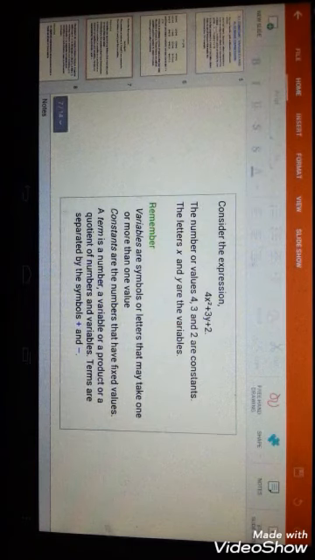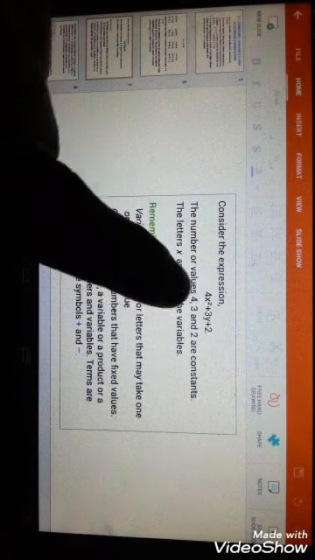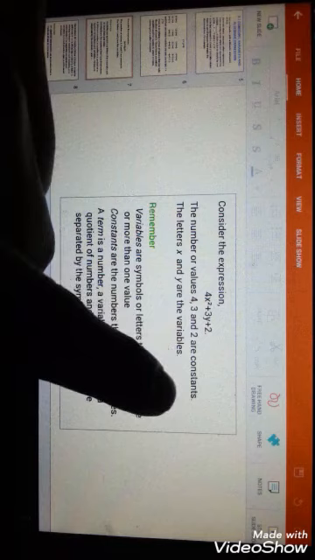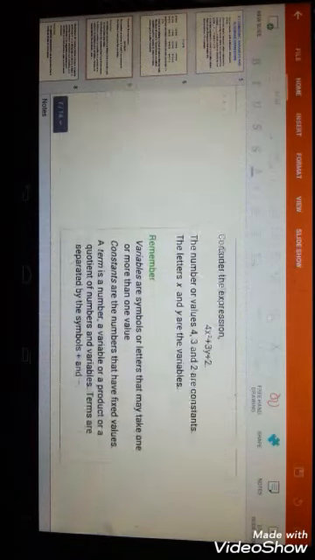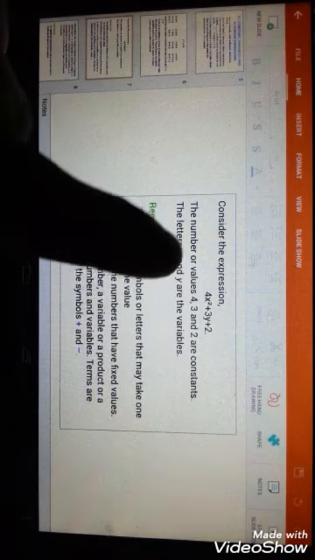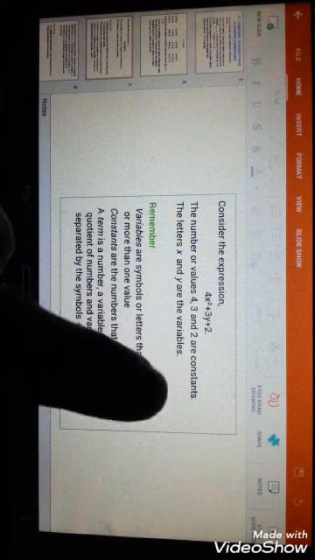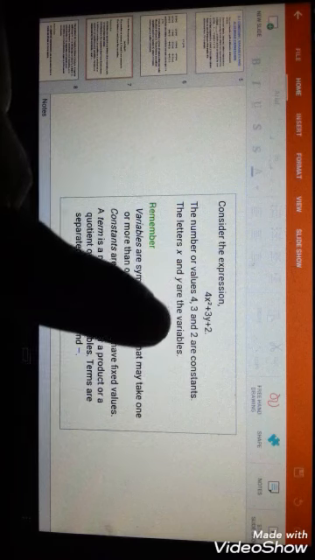Consider the expression 4x squared plus 3y plus 2. The numbers 4, 3, and 2 are called constants. Then the letters x and y are called variables.